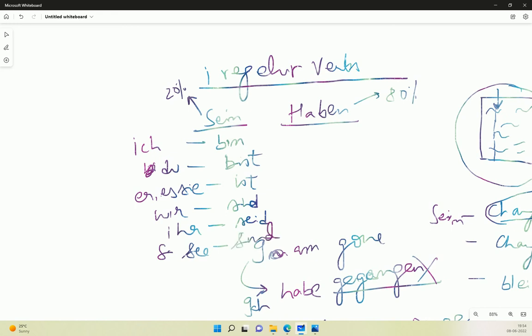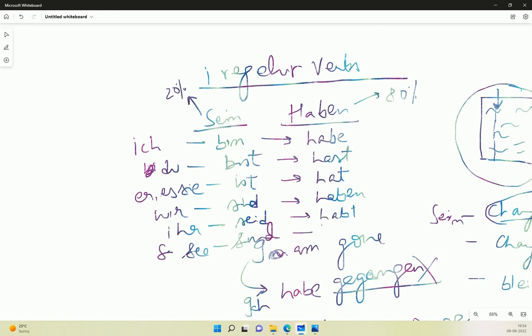And anybody remember how do we conjugate haben? Please try. Ich habe. Somebody else? Du hast. Perfect. Er, sie, es hat. Wir haben. Ihr habt.